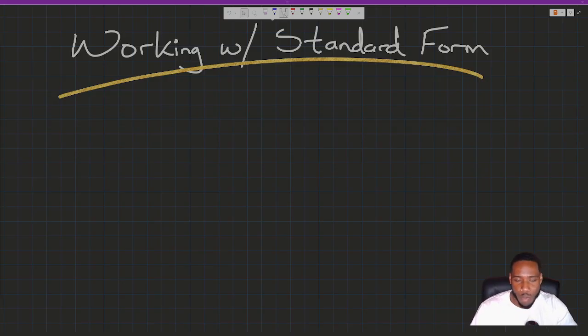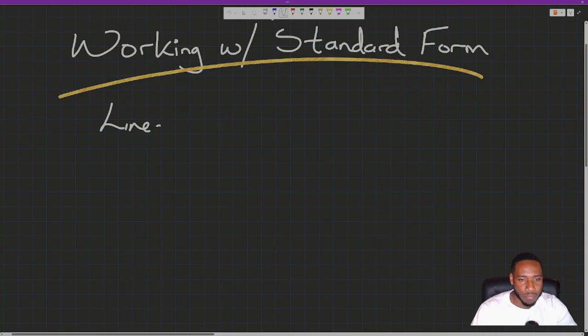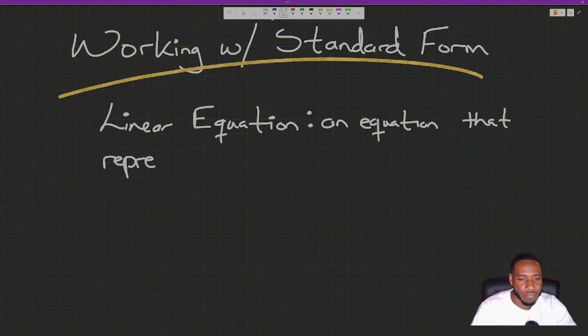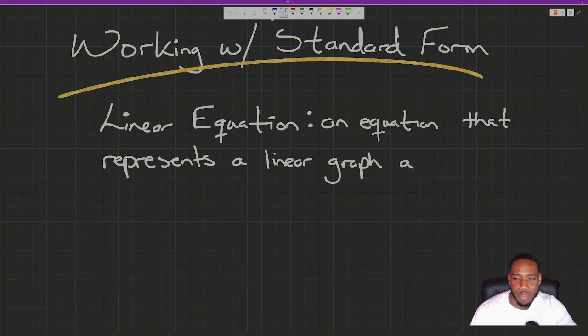So when we say a linear equation, what we're referring to is an equation that represents a linear graph algebraically.